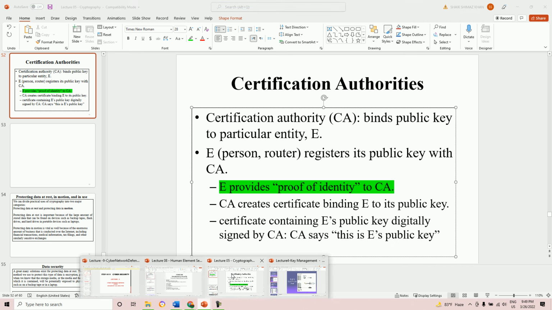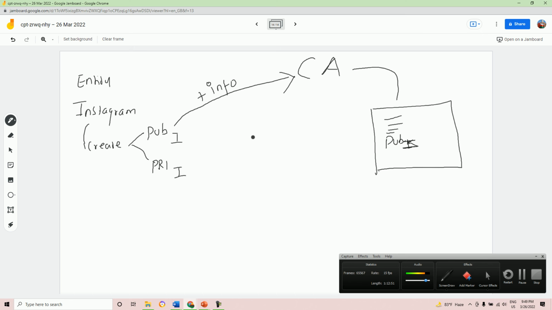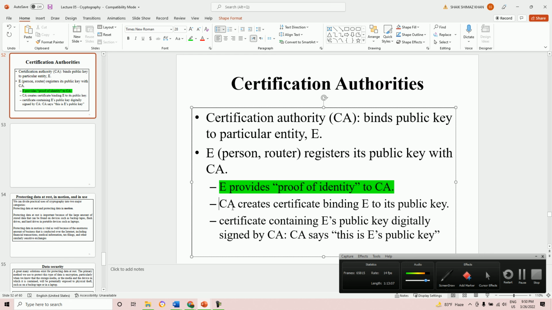Now, the entity provides proof of identity to the certificate authority. So the entity, Instagram, will provide its information, its address, all the relevant business details, plus its public key to the certificate authority.